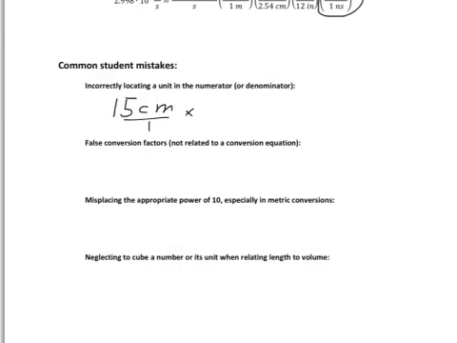A student might write 2.54 centimeters over 1 inch, and then maybe claim that the centimeters cancels. This is wrong. The centimeters does not cancel because it needs to be in the numerator and denominator at the same time. So be careful of that common mistake.